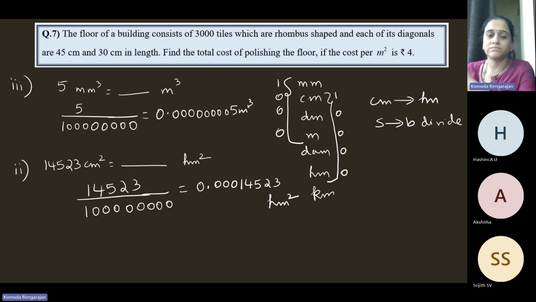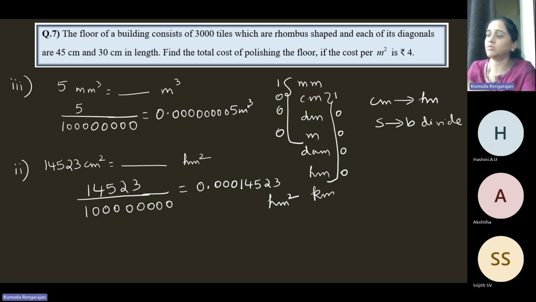See, the steps are like this: millimeter to meter, the number is 1000. That's the first step. Millimeter to meter, small to big, division. Divide by 1000. Millimeter square to meter square, you should divide by 1000 two times, so it will be 3 zeros, 3 zeros, 6 zeros.